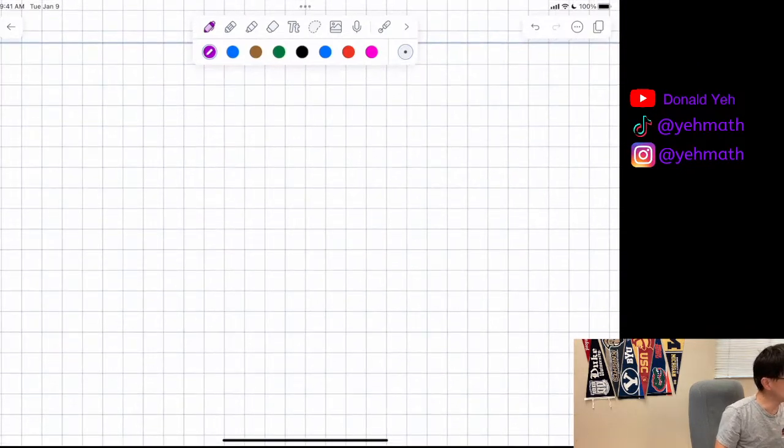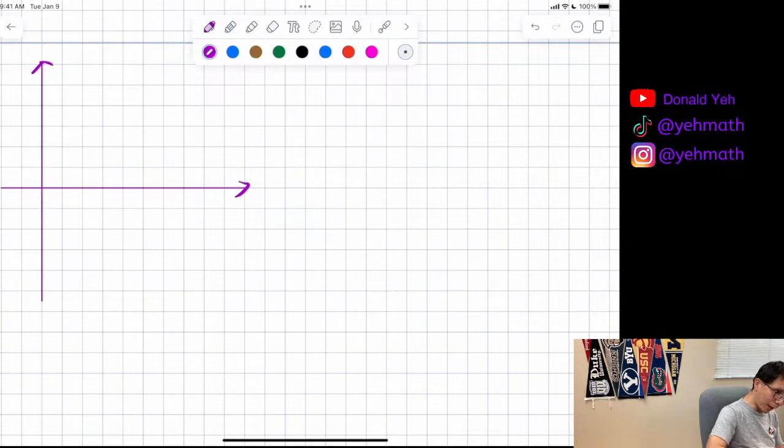I'm gonna go over this first thing, transformation first. Okay, so transformation is gonna be something like this. So let's just say, imagine I have a graph like this.